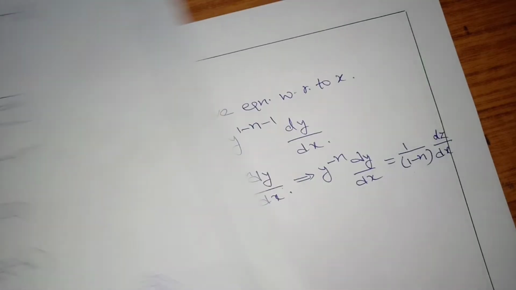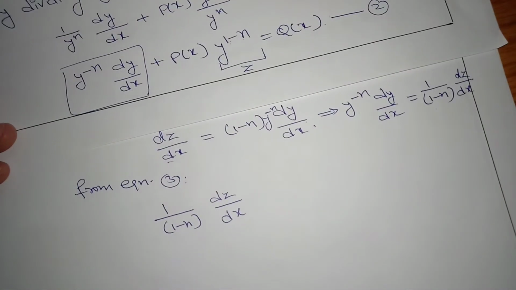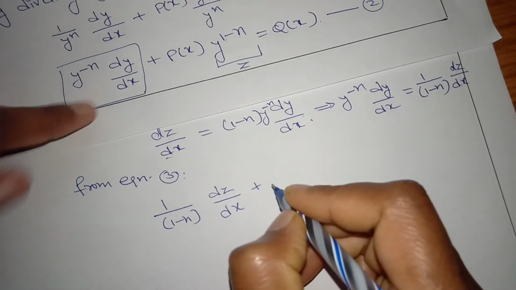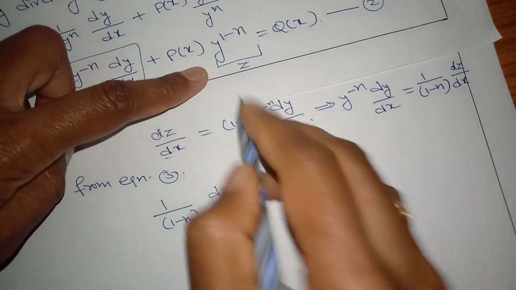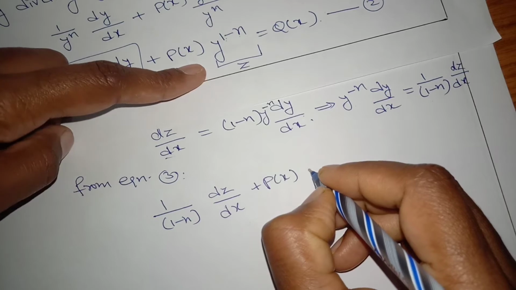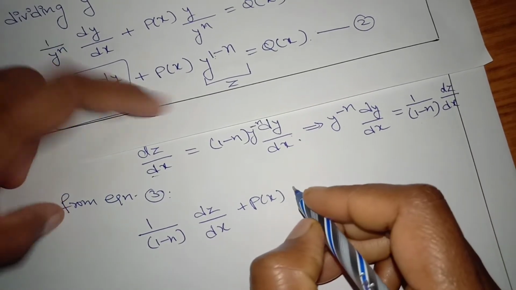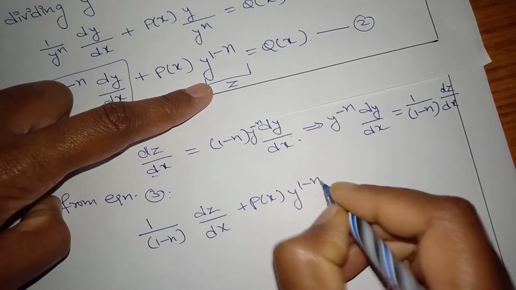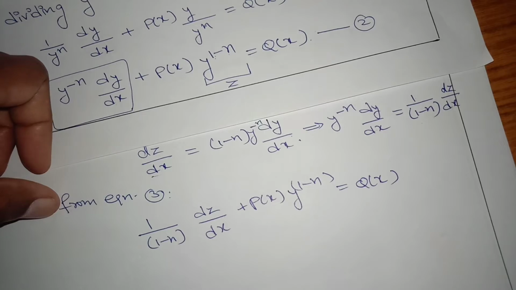This will become 1 by 1 minus n dz by dx plus p of x into z equals to q of x.